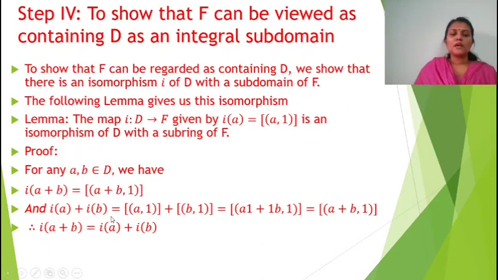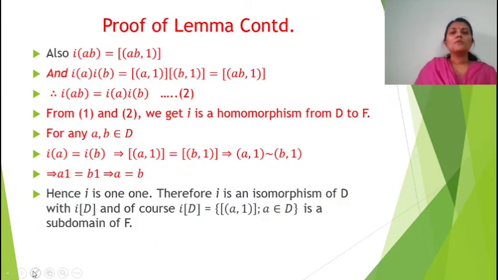So i(a) + i(b) = (a,1) + (b,1), which by the addition property is (a·1 + 1·b, 1·1) = (a+b, 1). Therefore i(a+b) = i(a) + i(b). Now the proof of the lemma continued. So i(ab) = (ab, 1), which is equal to i(a)·i(b) = (a,1)(b,1) = (ab, 1).